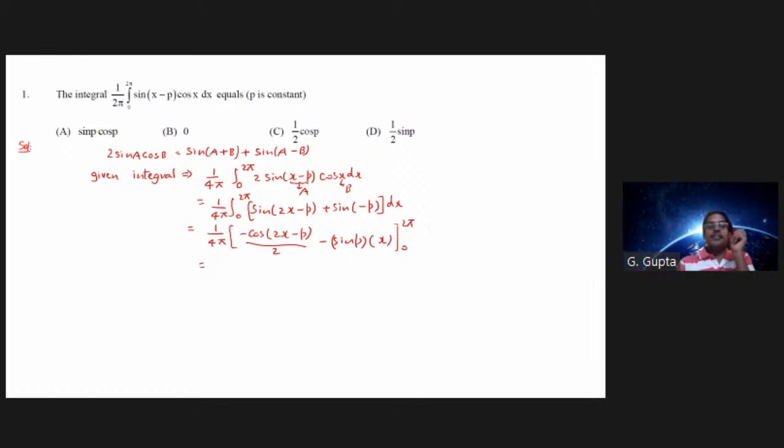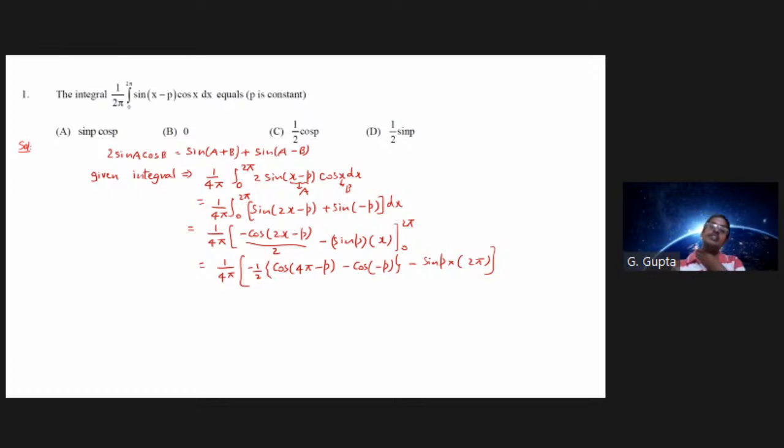So 1 by 4 pi into minus 1 by 2 into, first put x equal to the upper limit, that is 2 pi, it becomes cos of 4 pi minus p, minus the lower limit, put x equal to 0, cos of minus p, and minus sin p multiplied by 2 pi minus 0, 2 pi. So cos of 360 minus theta is cos theta, in the fourth quadrant cos is positive.